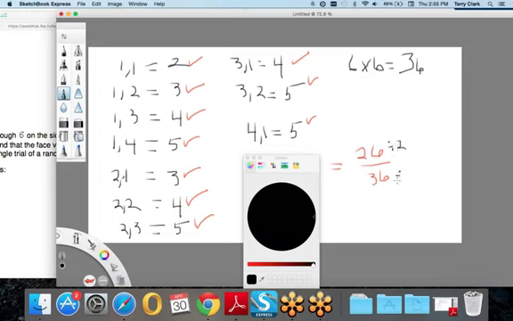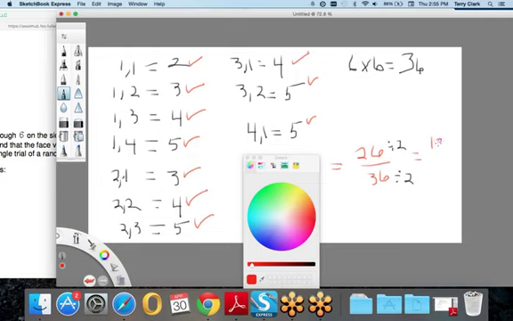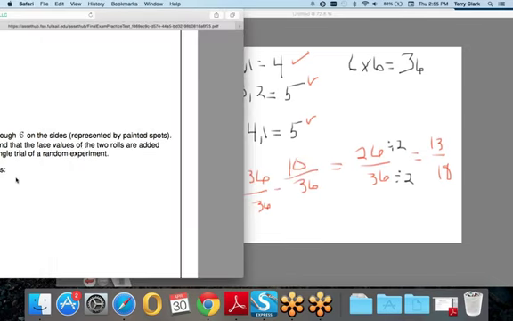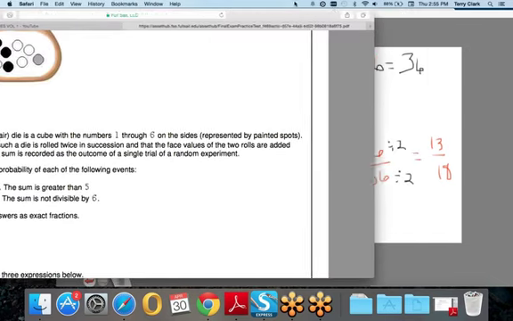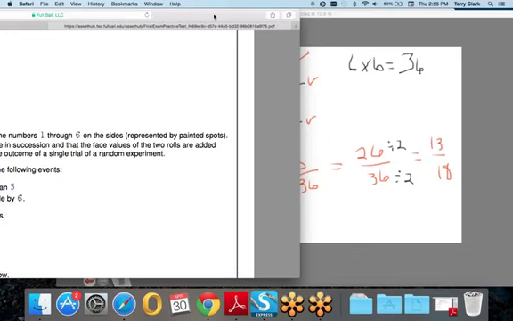And I'm just simplifying it now. After all, they are fractions. And so when I do that, that's going to give me 13 over 18. Okay, so the probability of doing more than 5, it didn't say 5 or more, it just said more than 5. For the sum to be greater than 5, it's going to be 13 out of 18.